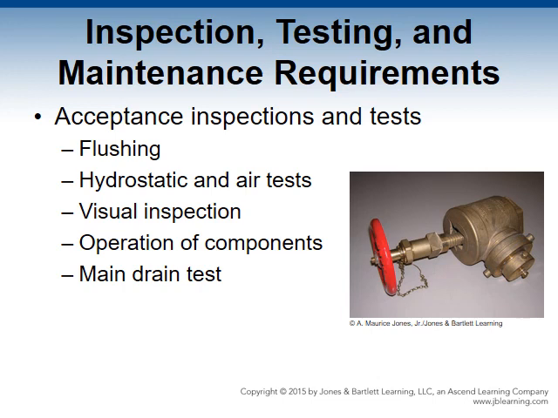Next, you have the hydrostatic and air test, which is one of the most important tests performed during the construction phase. It requires pumping water into the sprinkler system to subject pipes, fittings, valves, and other components to a predetermined pressure for a minimum time duration, usually 200 psi for 2 hours. If the system is a dry or pre-action system, an air test is also required.